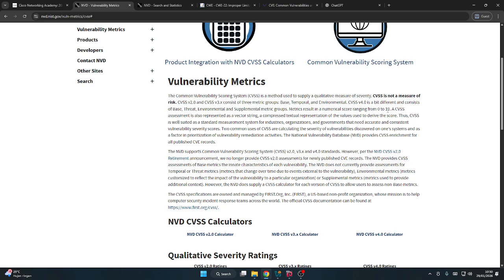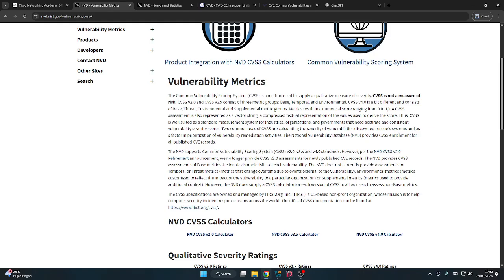A CVSS assessment is also represented as a vector string, a compressed textual representation of the values used to derive the score. Thus, CVSS is well suited as a standard measurement system for industries, organizations, and government that need accurate and consistent vulnerability severity scores.